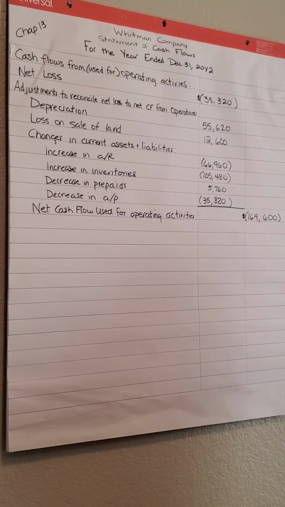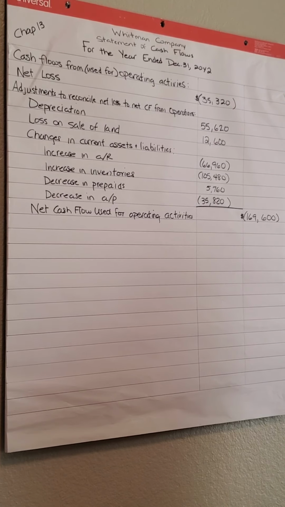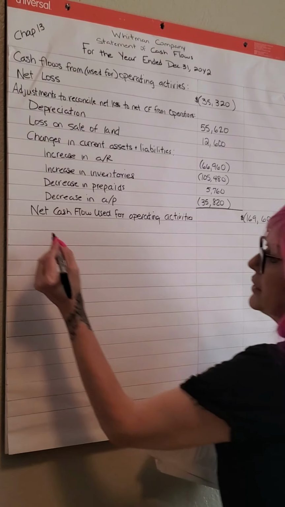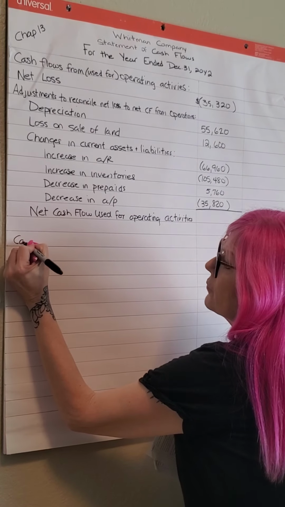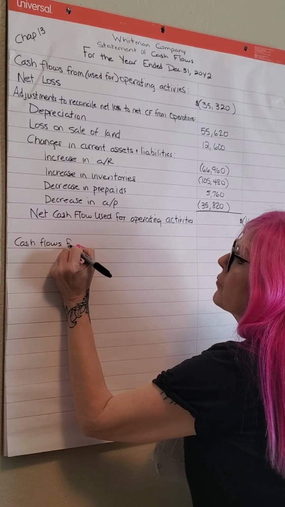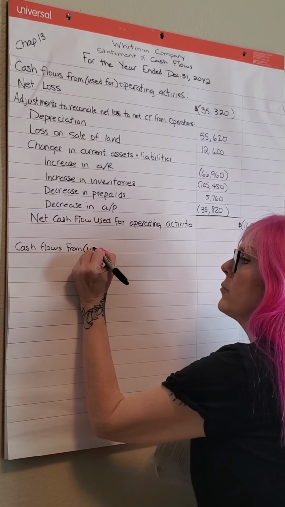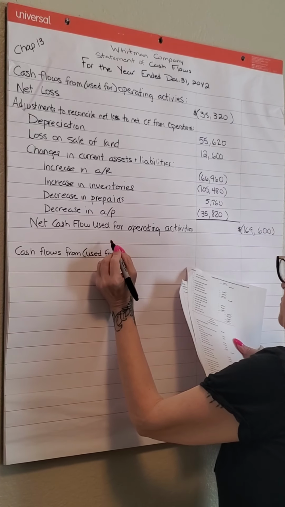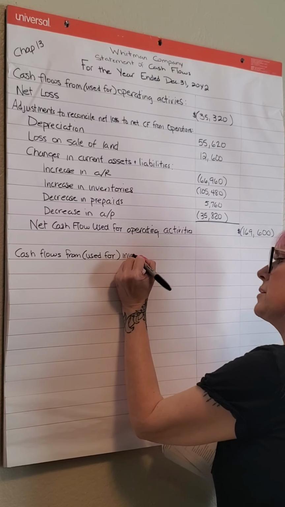So now we can do the next item, and that's the next session, which is cash flows from or used for investing activities. For our investing.